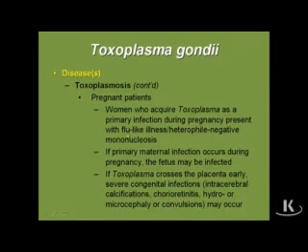Women who acquire Toxoplasma as a primary infection during pregnancy risk it crossing the placenta. And they can get, again, a flu-like illness. We might call it heterophile negative mononucleosis. And if it's a primary infection that she acquires during pregnancy, the fetus can be infected.